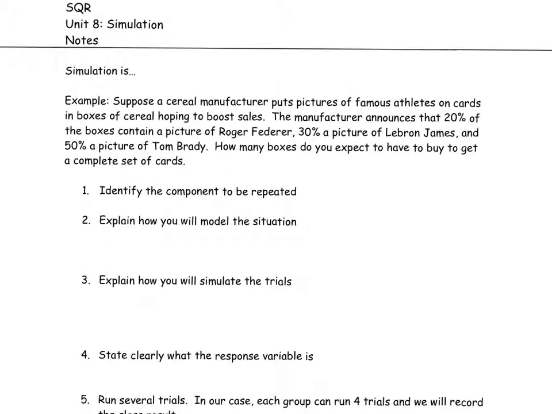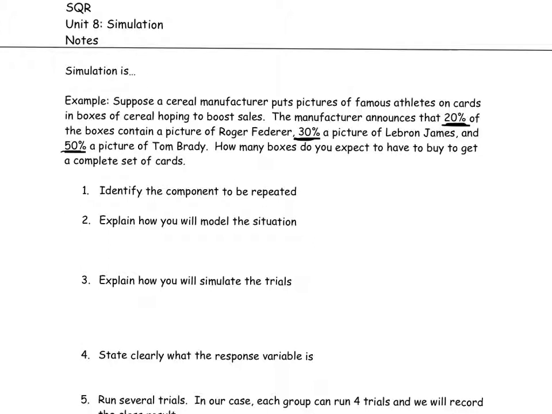So we want to figure out how many boxes of cereal we need to open in order to get all three. So we're going to pick random numbers to correspond to the outcomes, then look at those random numbers and simulate how many boxes of cereal we would need to open. So the key is that we're going to use the percentages here to correspond to our random numbers.